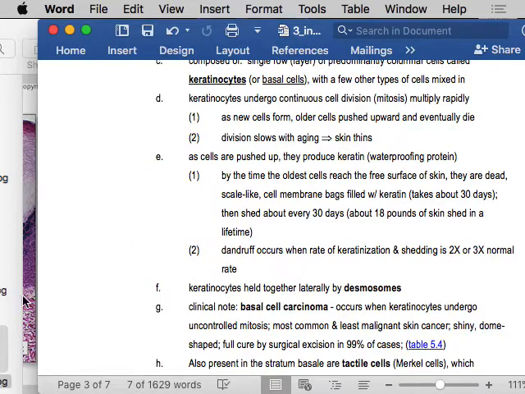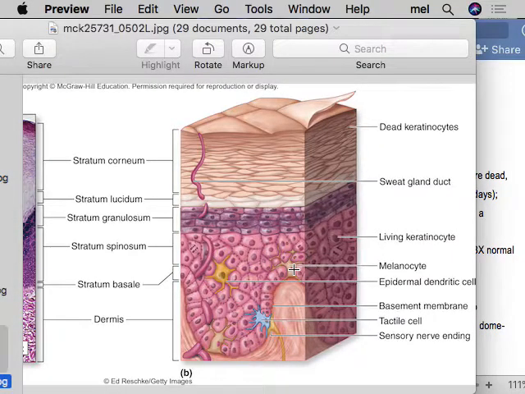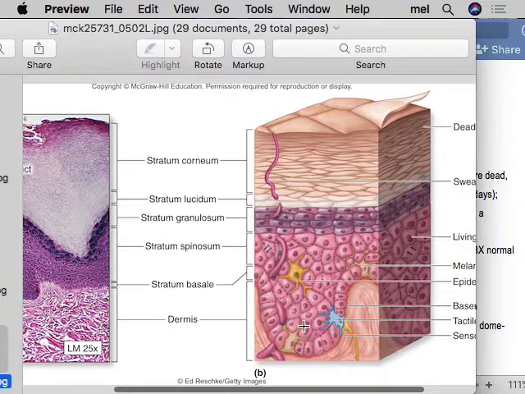Now, what is dandruff and what does it have to do with this process? What dandruff has to do with this process is that people who have dandruff have a rate of keratinization and exfoliation that's about 2 to 3 times the normal rate. Does it have anything to do with their hygiene? No, it just has to do with their rate of keratinization and exfoliation. Can hygiene exacerbate it?